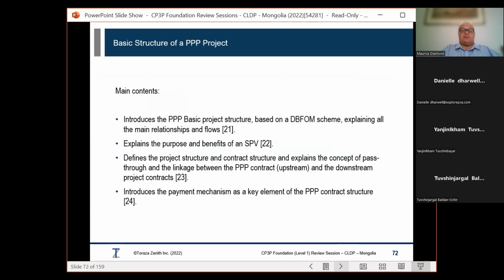Okay, so basically the basic structure of a PPP project is to have what's called an SPV, a special purpose vehicle. Now, in local legislation in different countries, they may have a different name. Things like single purpose vehicle, single purpose company, single purpose enterprise, and so on and so forth.